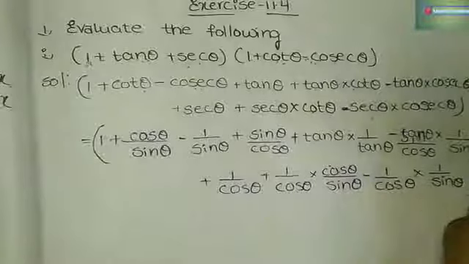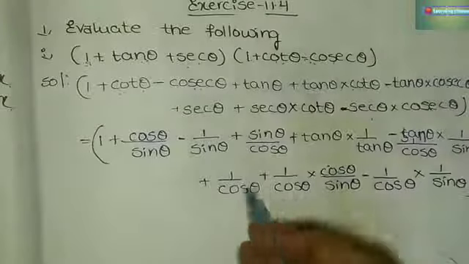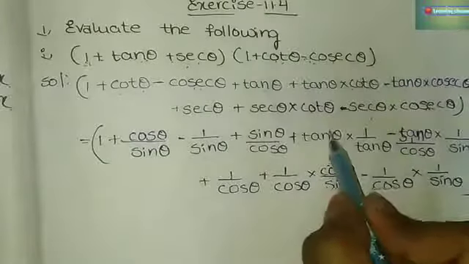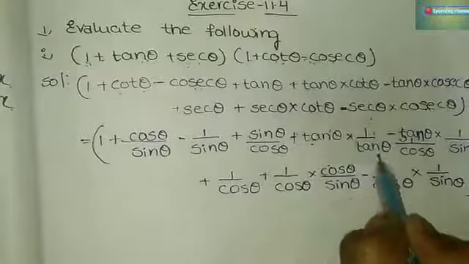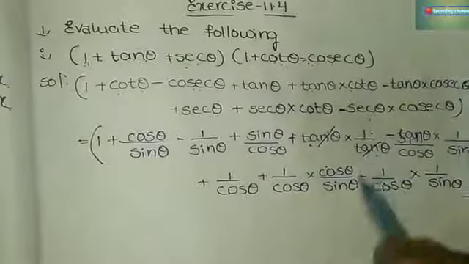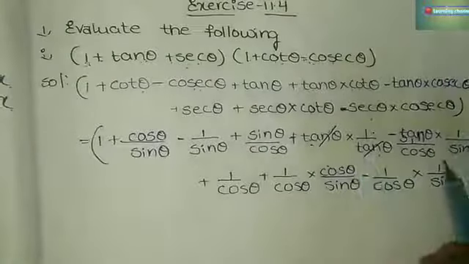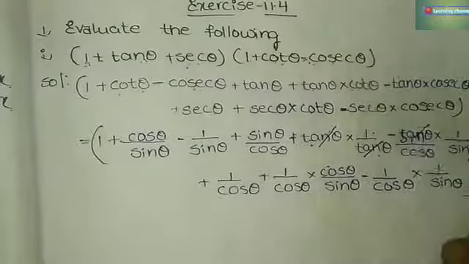Now we have expanded. Let us solve. Here tan theta into 1 by tan theta, so tan theta cancels and we have 1. And here also sin theta cancels.